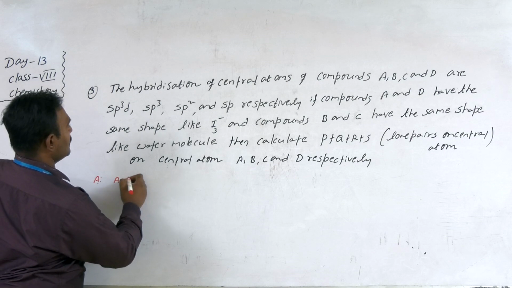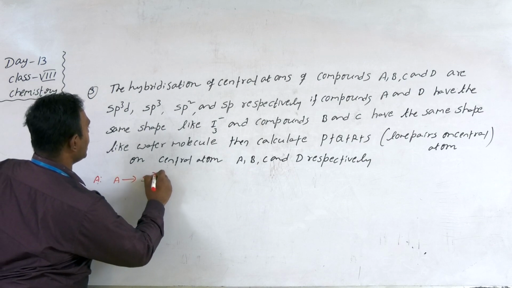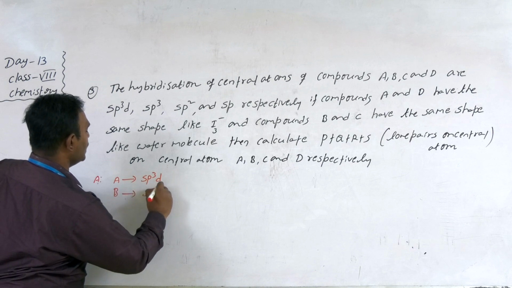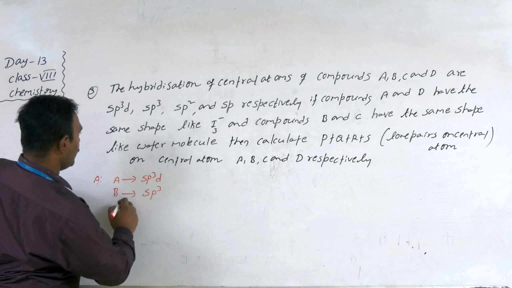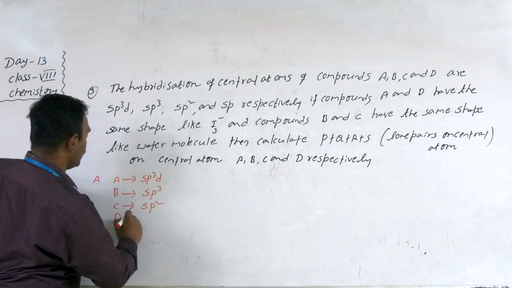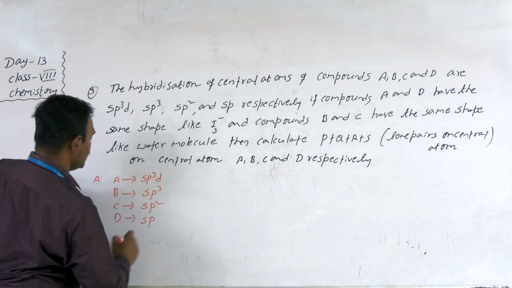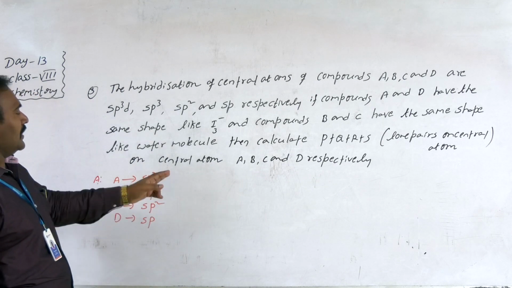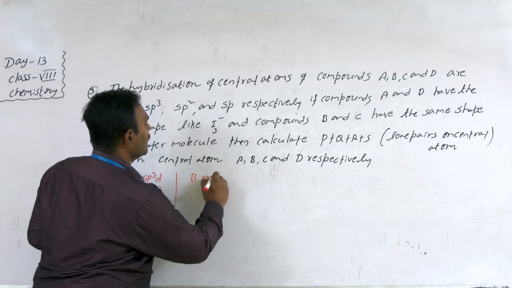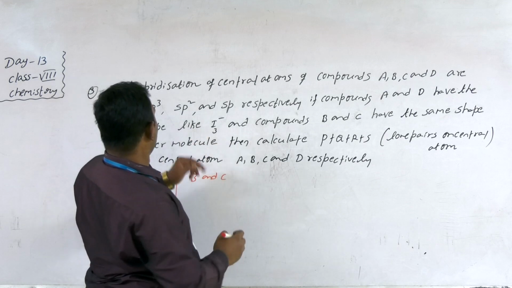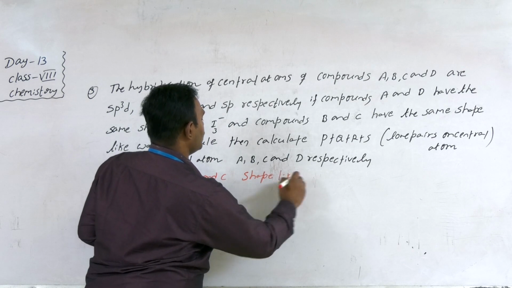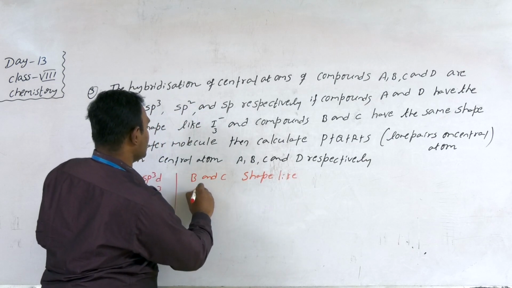Okay, now compound A, the hybridization of the central atom is sp3d. Compound B, hybridization will be sp3, and compound C, hybridization of the central atom will be sp2. Compound D, hybridization is sp. Now see here, A and D have shape like I3 minus.